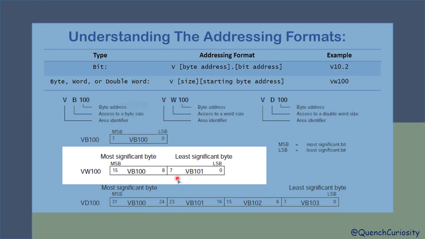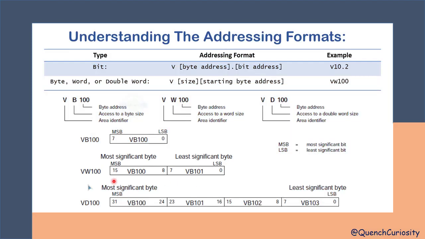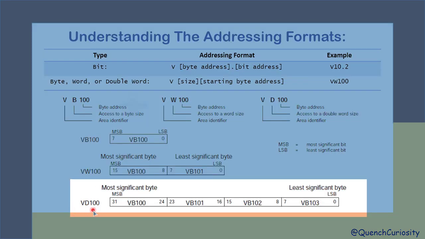Now in this case, if I try to use VB101, this is called memory overlapping. Similarly, we see VD100. From our previous memory mapping knowledge, we know that one double word is equal to 4 bytes.